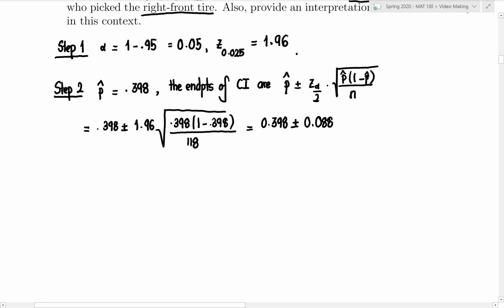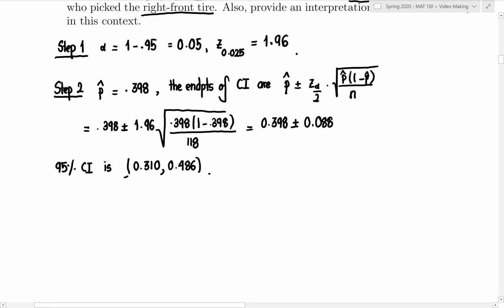So our 95% confidence interval is an interval, and the left endpoint of that interval is 0.310, and the right endpoint of that interval is 0.486.